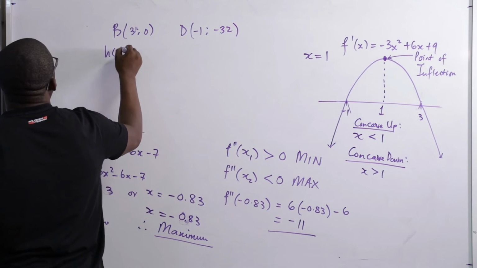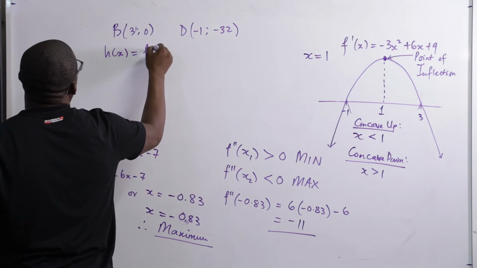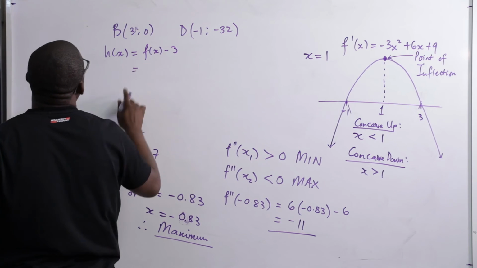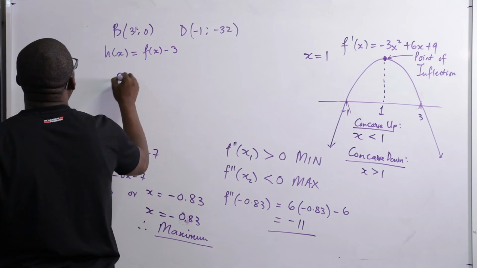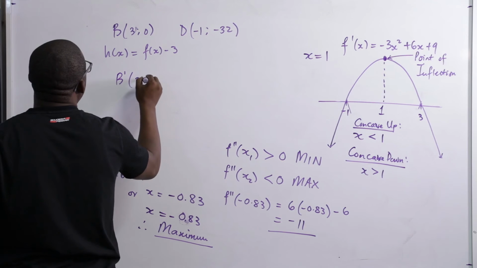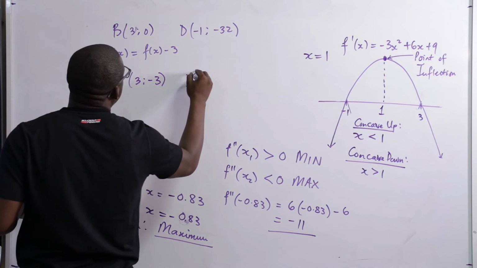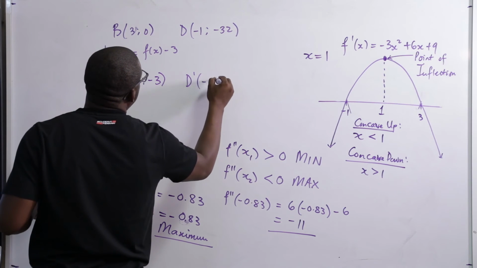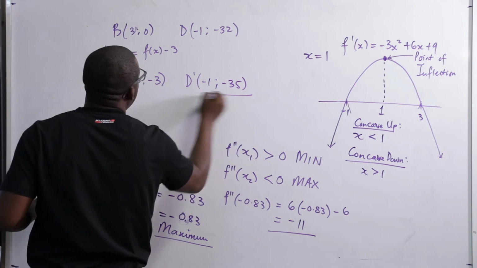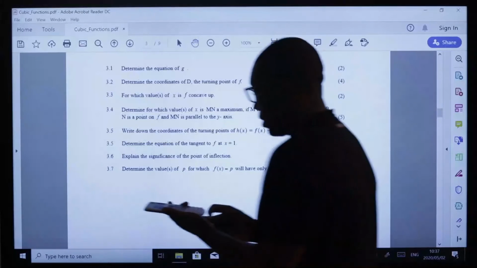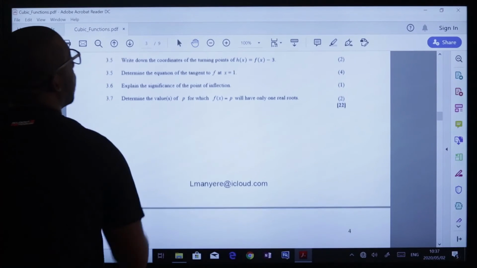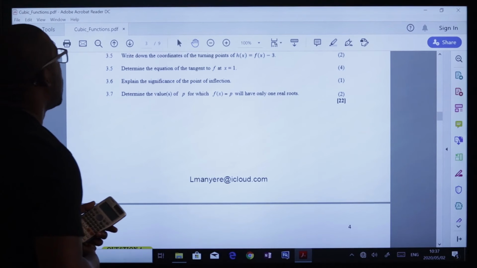Then they say there's a function h of x, which is f of x minus 3. The coordinates, which I'm now calling B prime, would be 3 and minus 3, and D prime would be minus 1 and minus 35, because we've simply shifted the graph 3 units down.